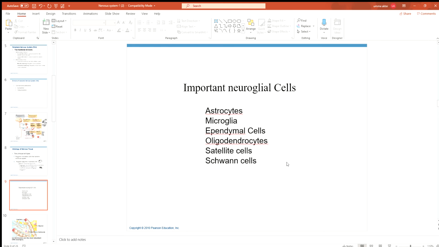In the next few slides, I'll just mention the names of important neuroglial cells and one or two important functions. Important neuroglial cells of your nervous system include astrocytes, the most common type.